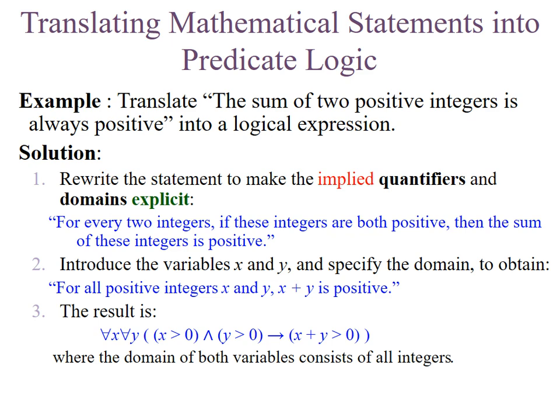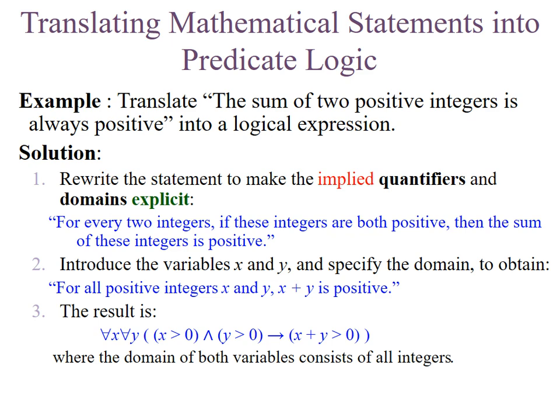Okay, so you can see this sentence is very easy and it is true: if we calculate the addition of two positive integers, then the result is always positive. Let's see what's behind this sentence. Actually it means for every two integers, if the integers are both positive, then the sum of these integers is also positive.